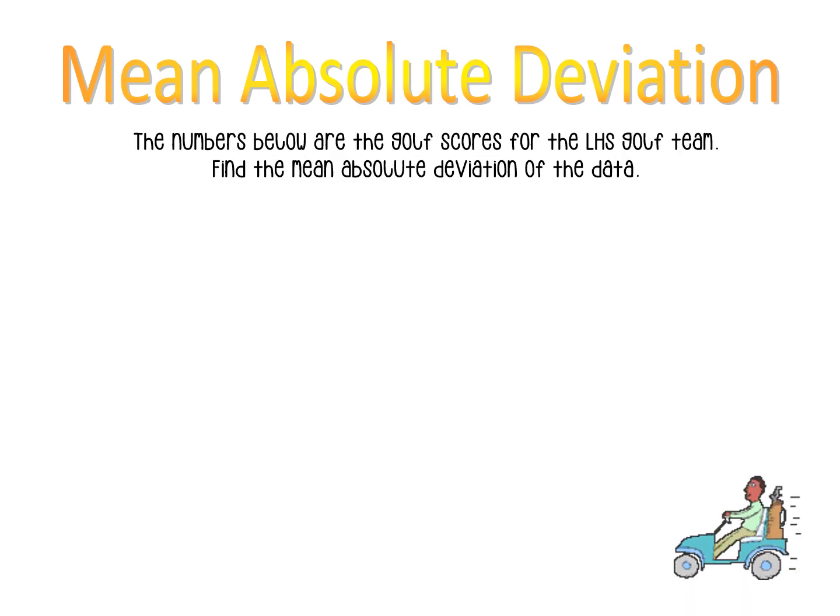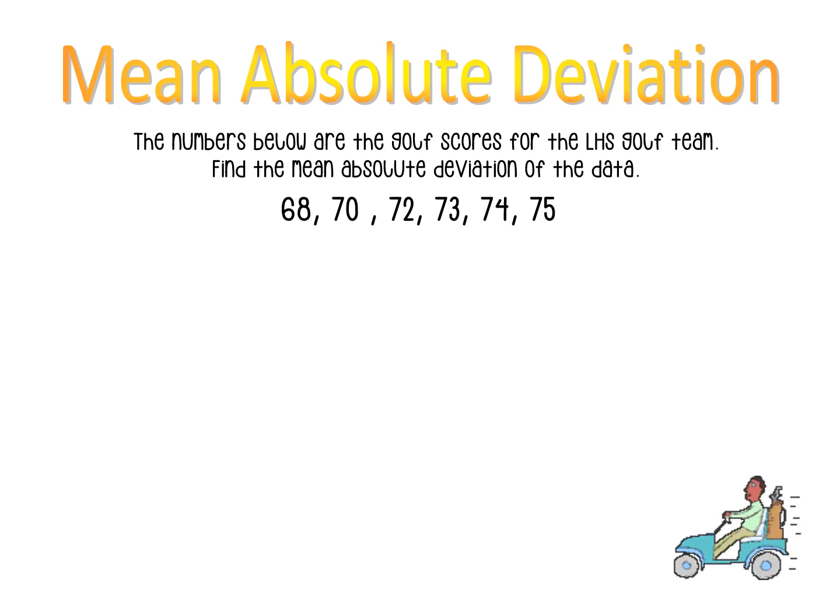All right, here's an example. The numbers below are the golf scores for the Lassiter High School golf team. Find the mean absolute deviation of the data. So here are our scores.